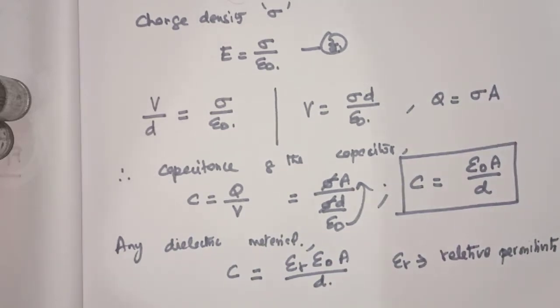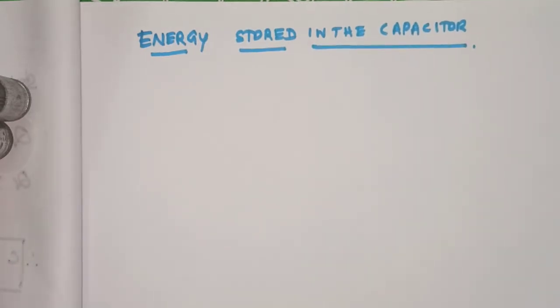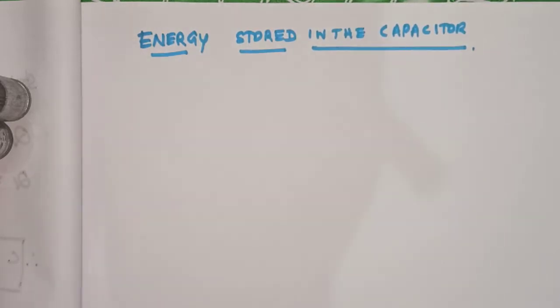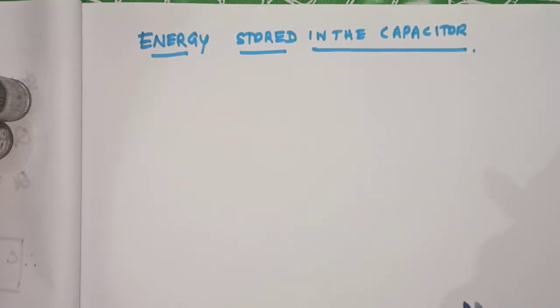Understand? The next topic is energy stored in the capacitor. A capacitor not only stores charges, it also stores energy. Suppose when we connect a battery to a capacitor, the charges are transferred from one plate to another plate.